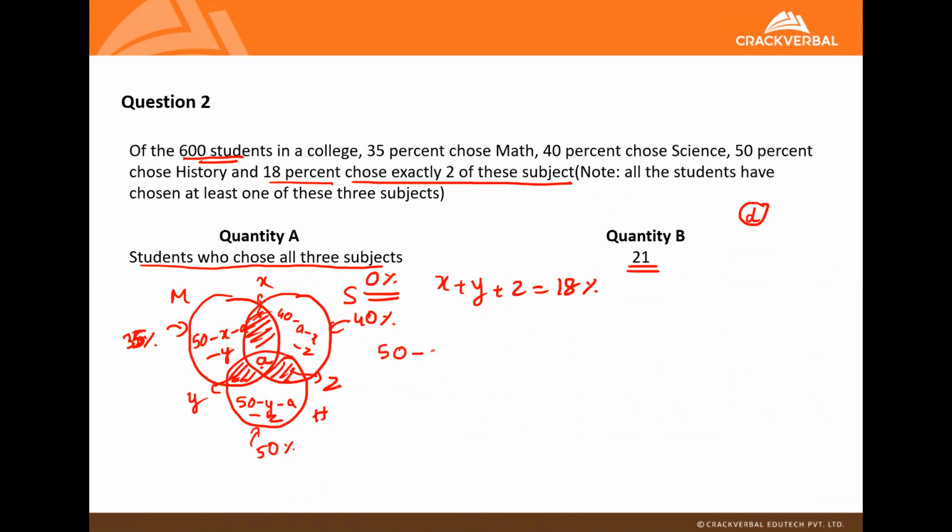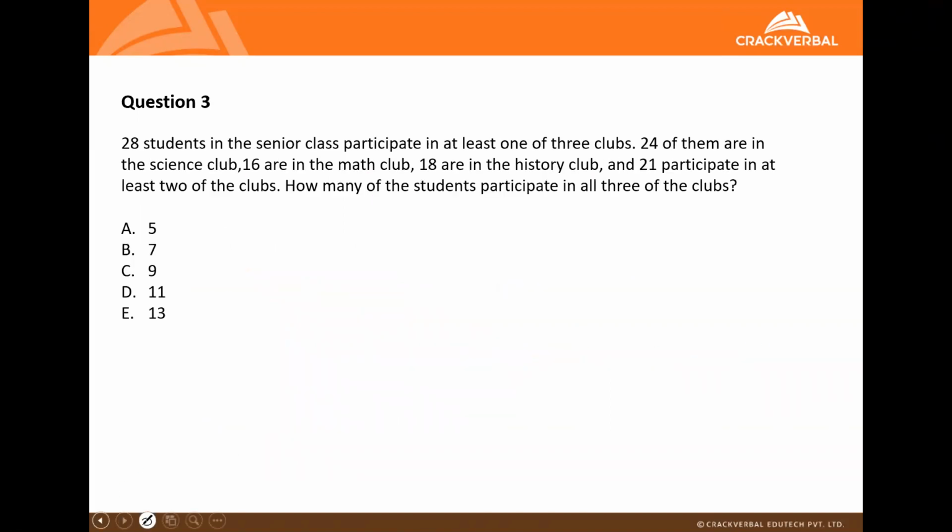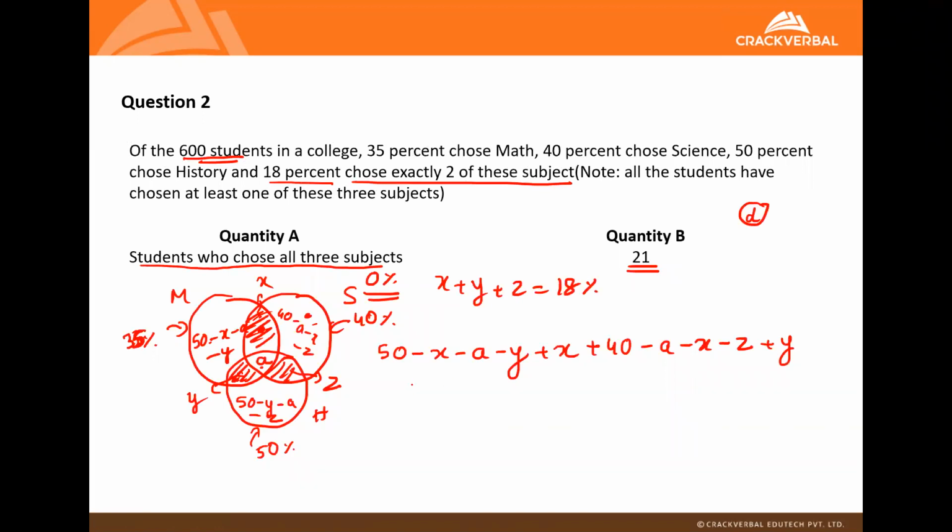It's a little tedious, but bear with me. 50 minus x minus a minus y, that's this region, plus this region, that's x, plus this region, that's 40 minus a minus x minus z, plus, remember, I've taken this, this, this, plus y, plus a, overall intersection, plus z, plus 50 minus y, minus a, minus z. All of these have to add up to 100%.